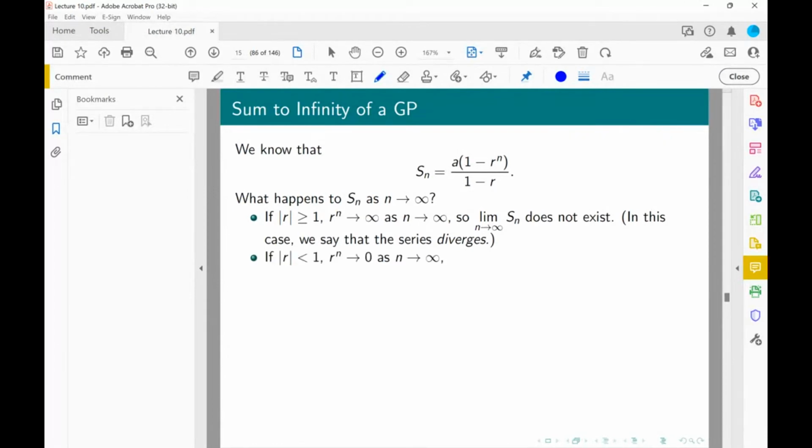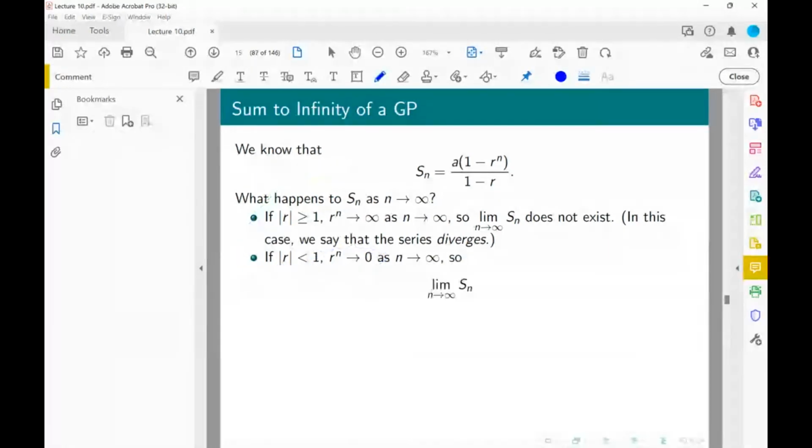But if the absolute value of r is less than 1, so r is between minus 1 and 1, then the numbers keep getting smaller and smaller. This term decreases, so think back to exponential decay. This is going to tend towards 0, which means that this expression makes sense as the sum of n terms.